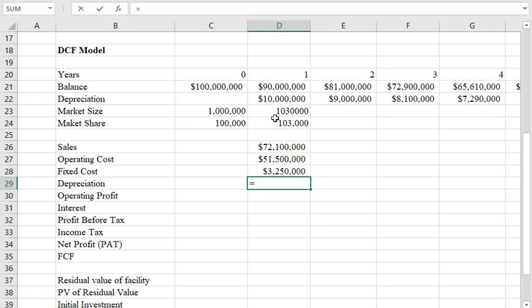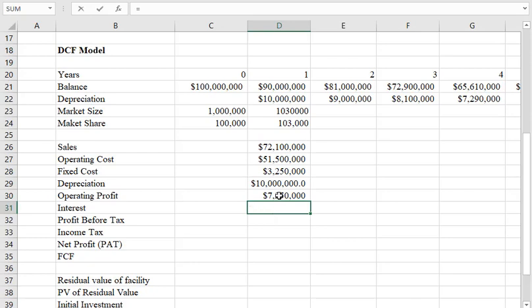The depreciation is already calculated. Operating profit is calculated as sales minus operating cost minus fixed cost minus depreciation.